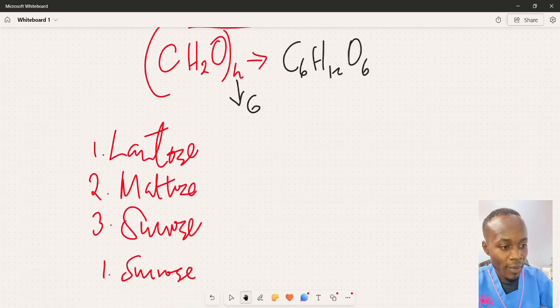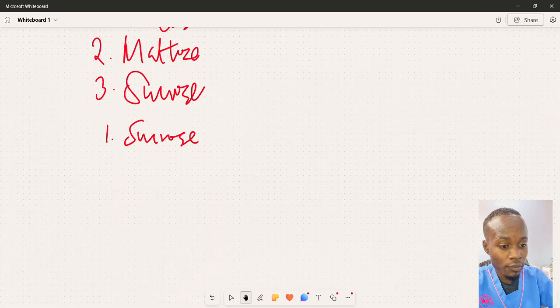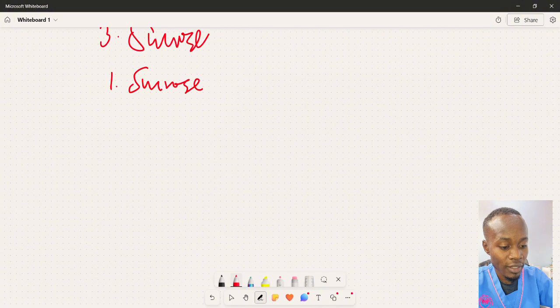So sucrose is made up of two simple sugars. Let me show you using the formula. So two simple sugars, C6H12O6 plus C6H12O6. They all come together to form sucrose.